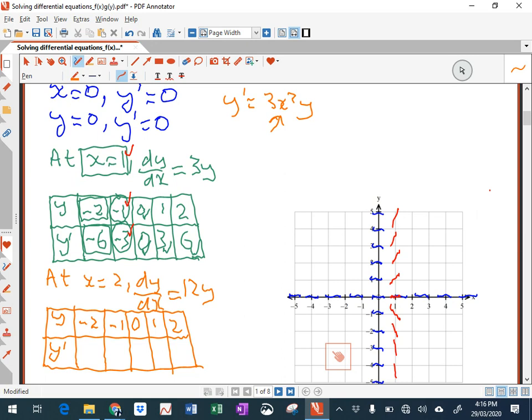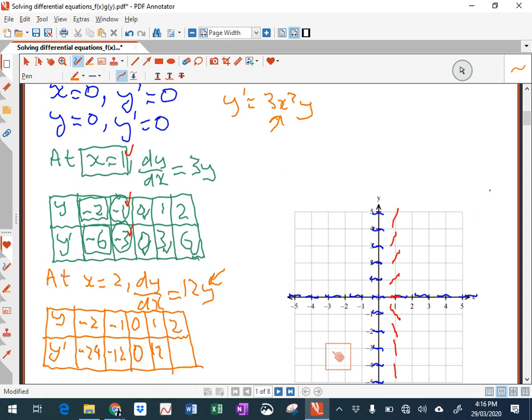Now, let's see what's happening. If I put y equals -2 into this, I get -24. If I put y equals -1 into that equation, I get -12. If I put y equals 0 into this equation, I get 0.